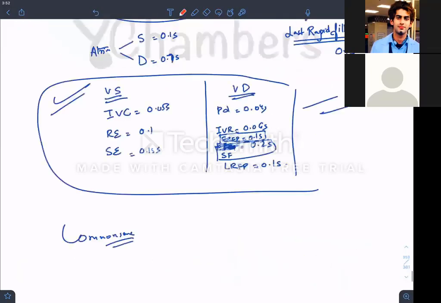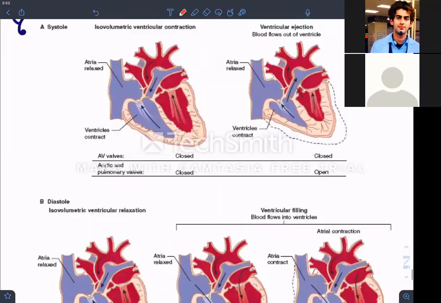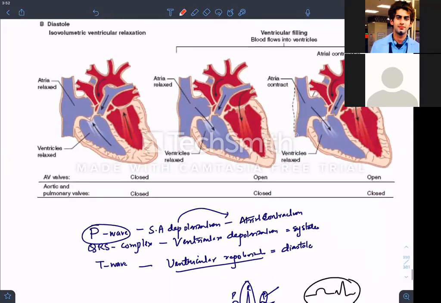So I will show you now a diagram. I think I don't have the protodiastolic phase here, but we are thinking about these two valves, the valves of the right ventricle and left ventricle.